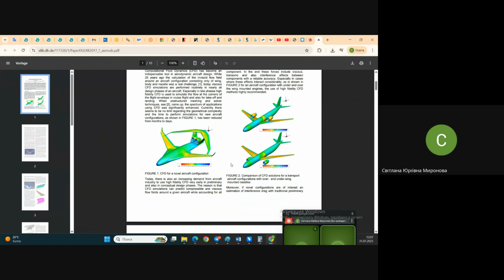Are we able to calculate all those things or not? Maybe it will be too complex. Level of manufacturing: are we able to produce it, or will it be not producible or too expensive in manufacturing? And operating: maybe something is ideal from the point of view of aerodynamics, but it's completely inconvenient in operating.